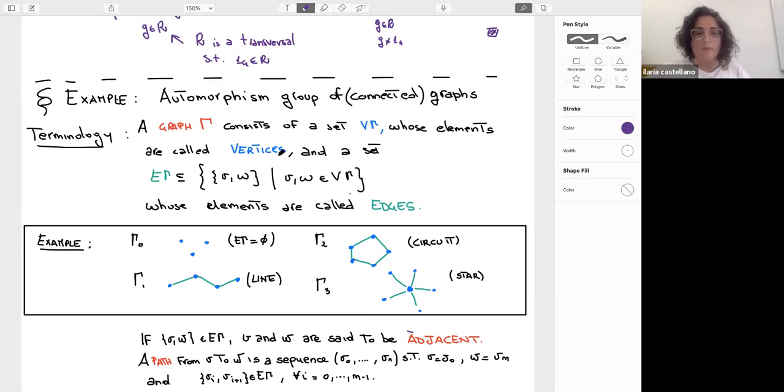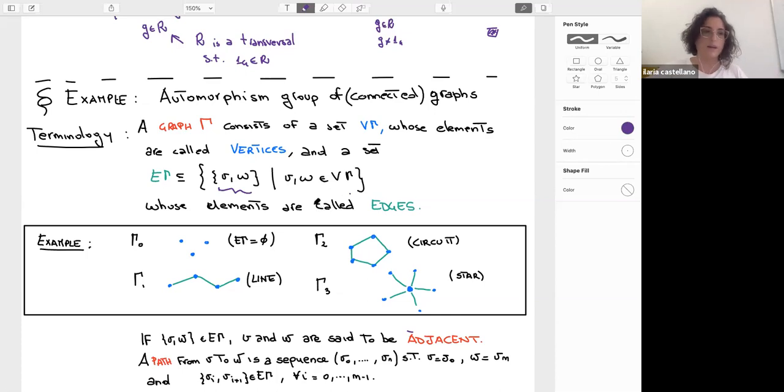A graph Gamma consists of a set, V Gamma, whose elements are called vertices, and a set E Gamma, whose elements are called edges. And the elements of E Gamma are unordered pairs, so the order here is not important. These are unordered pairs of vertices. So again, a graph consists of two sets.